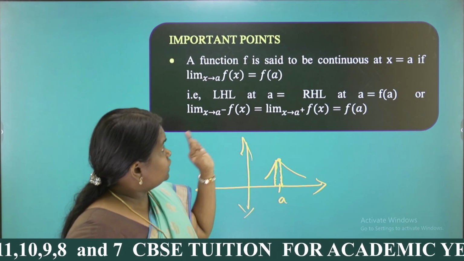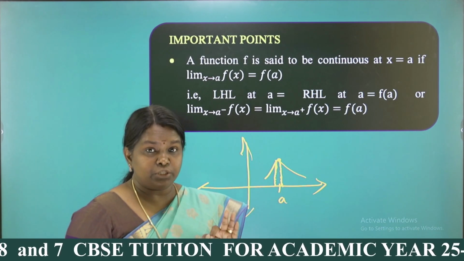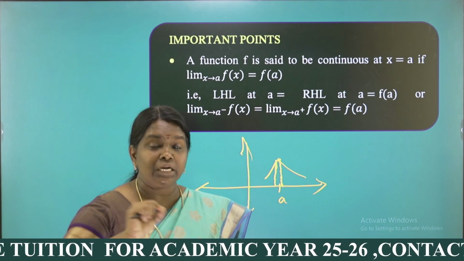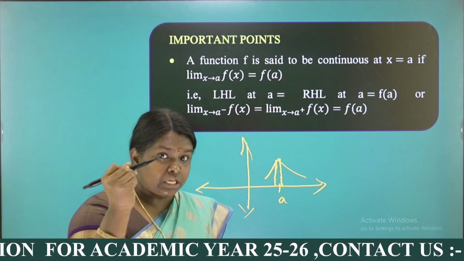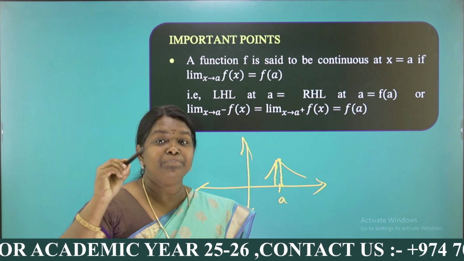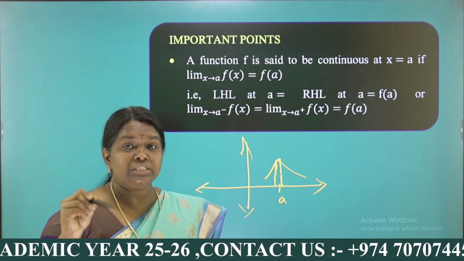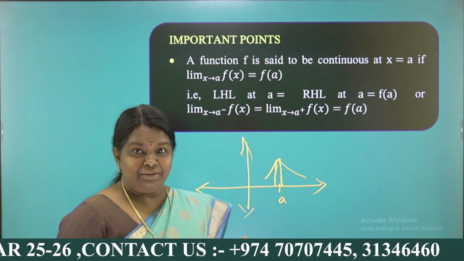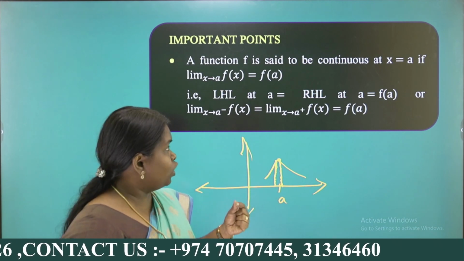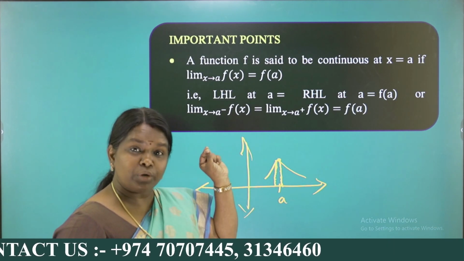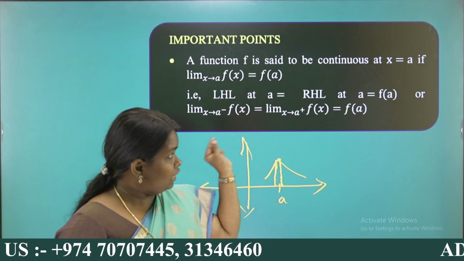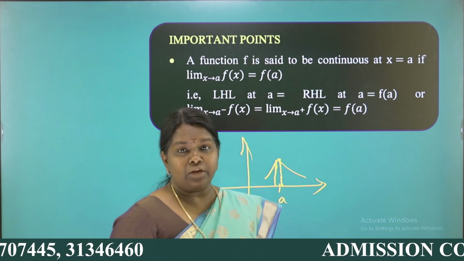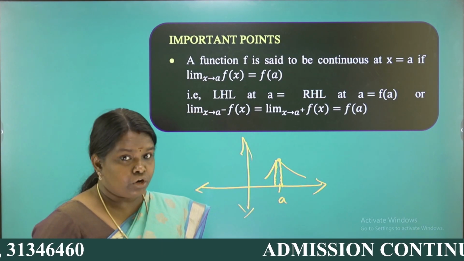So a function is said to be continuous at x equal to a, geometrically speaking, if you can draw the graph of the function without lifting your pen from the plane of the paper. In mathematical language: limit x tending to a minus f of x equal to limit x tending to a plus f of x equal to f of a. So hope you all got this.